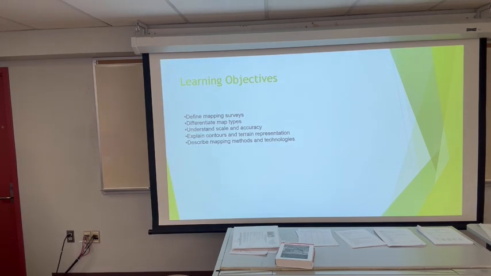So hopefully the learning objectives we get done are: define what mapping surveys are, differentiate map types, understand scale and accuracy, explain contours and terrain representation, and describe mapping methods and technologies.